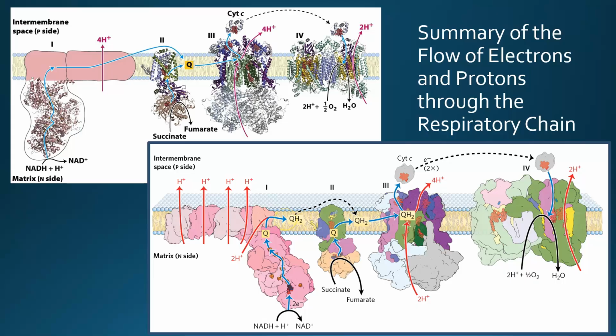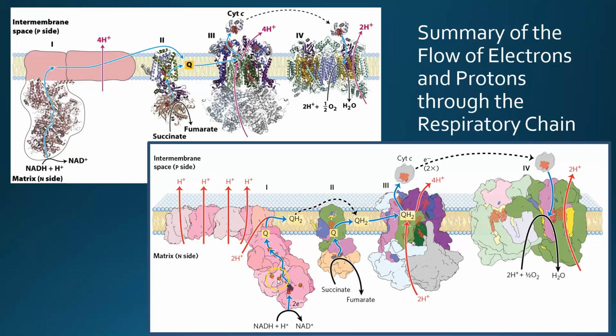Here are 2 diagrams that sum up the flow of the protons and electrons. One from an older version of your text that shows more of the secondary structures of the 4 complexes with their alpha helices, and one newer one that shows less of the secondary structures, but more detail on the pathway of the electrons, the Q cycle, and the protons being pumped.